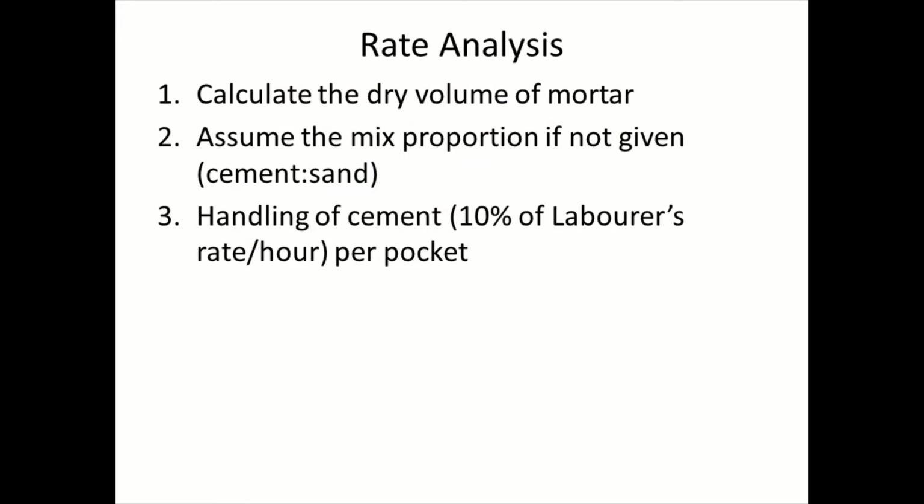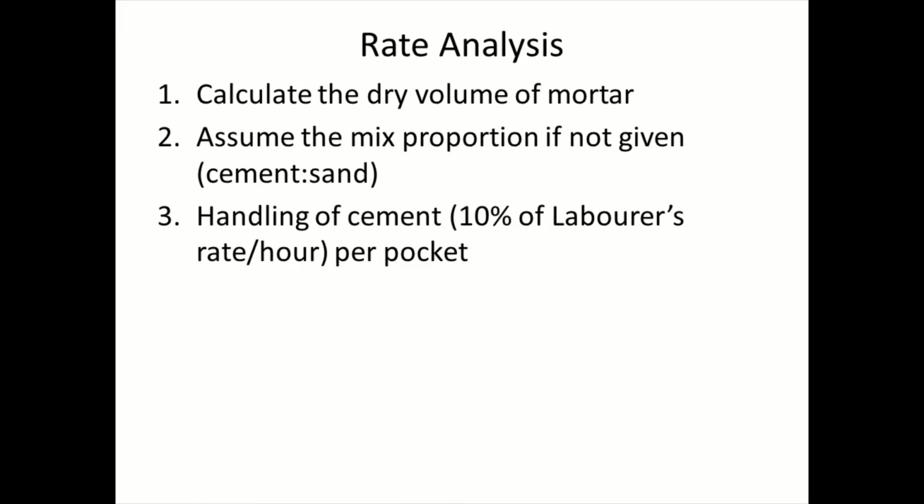Now for the rate analysis, we are going to follow a step-by-step guide of how to get to the rate. Now the first thing that we need to do is calculate the dry volume of mortar. And this is because when the dry materials that make up mortar get wet, they shrink.